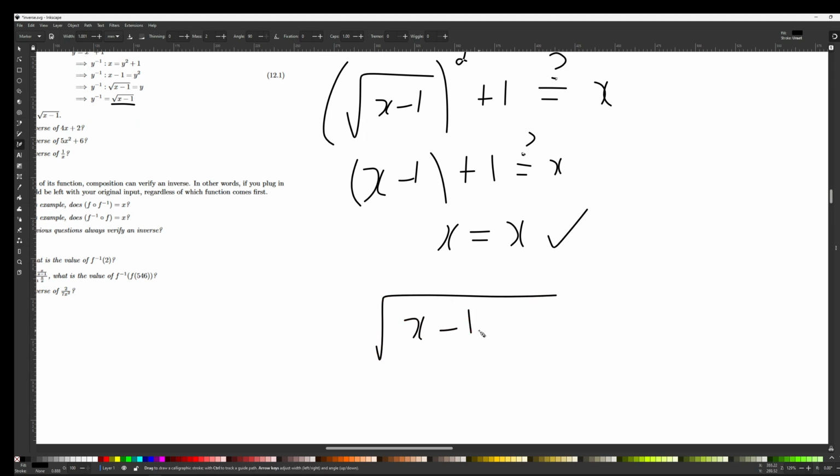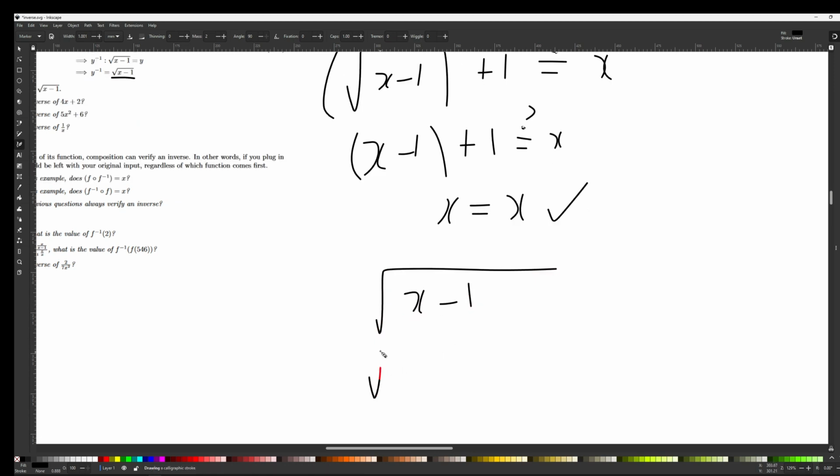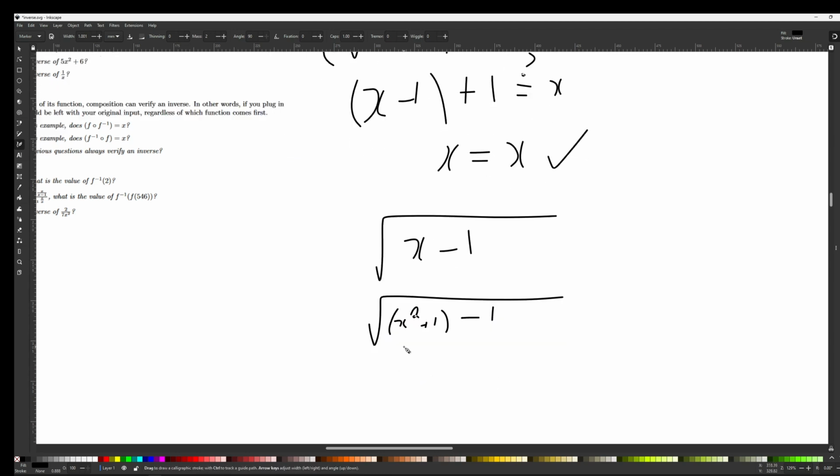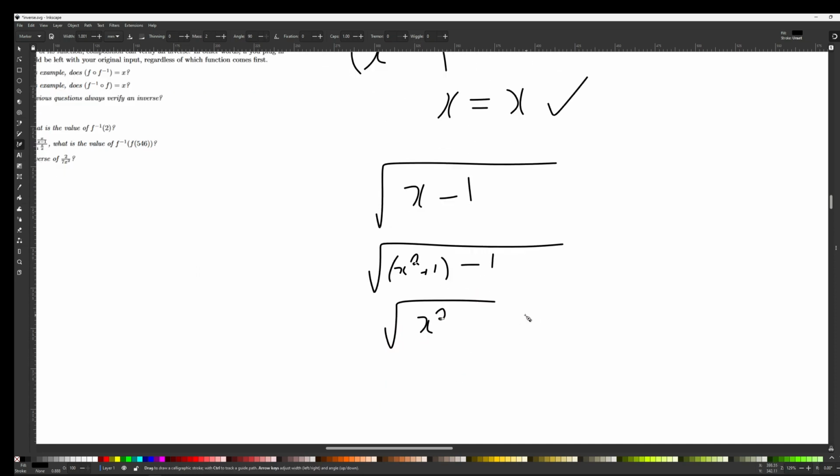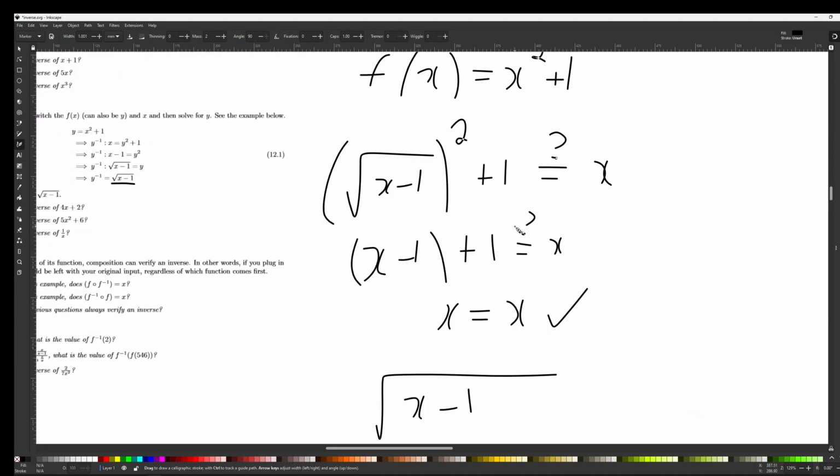And we're going to plug in x squared plus 1. Okay. This simplifies into just x squared, since the plus 1 and minus 1 cancel out. And the square root of x squared is x, assuming that x is a positive real number. Otherwise, it would be absolute value x. So we pass the second test. So therefore, these are inverse functions.